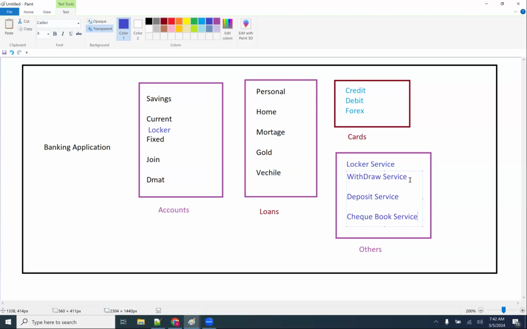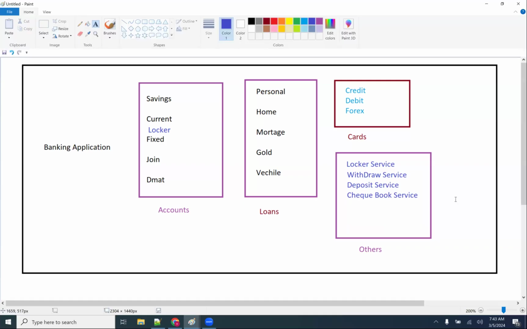Any other things, guys? Come on. I'm just noting down so that you will come to know. As of now, any other things we are missing as far as the banking sector is concerned? ATM pin generation for account creation.